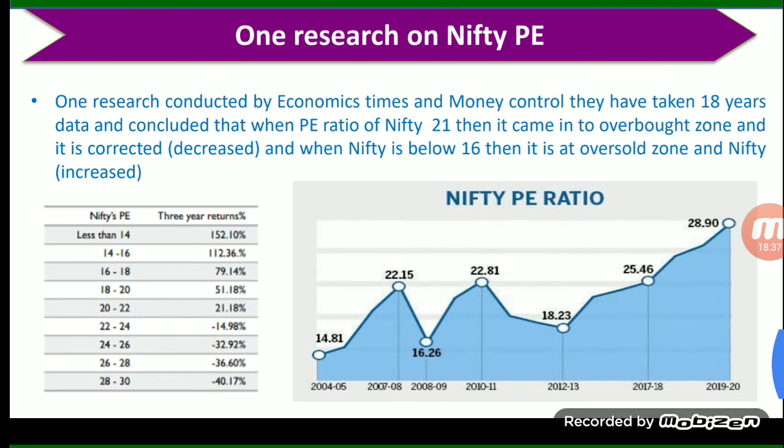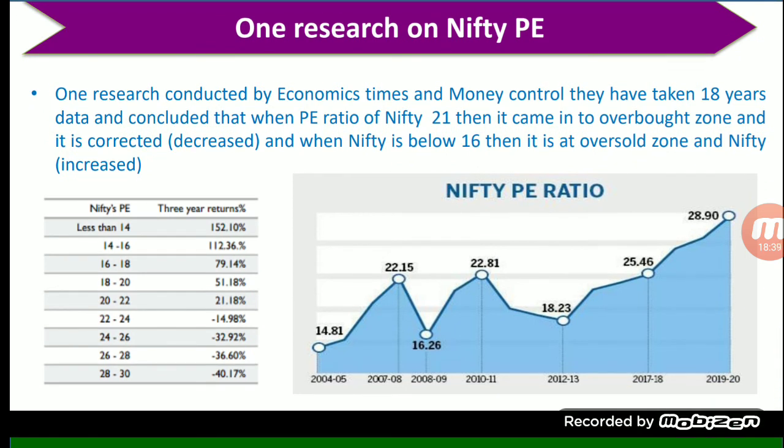One research on Nifty P/E is done. Nifty P/E means the index P/E, so we can consider index P/E also. One research was conducted by Economic Times and Money Control. Exactly, I don't know who conducted it, but out of these two, one has conducted the research.